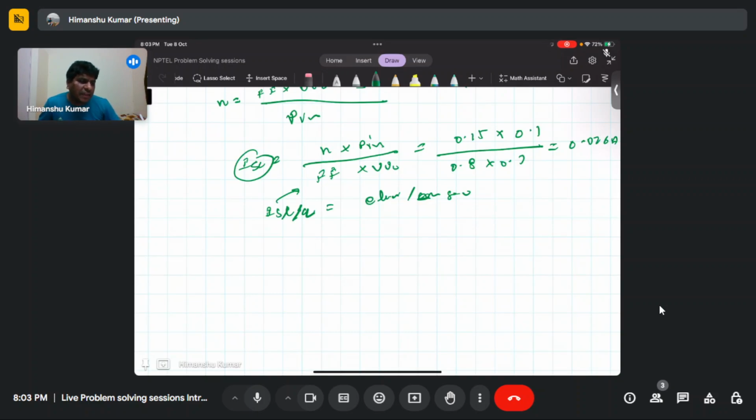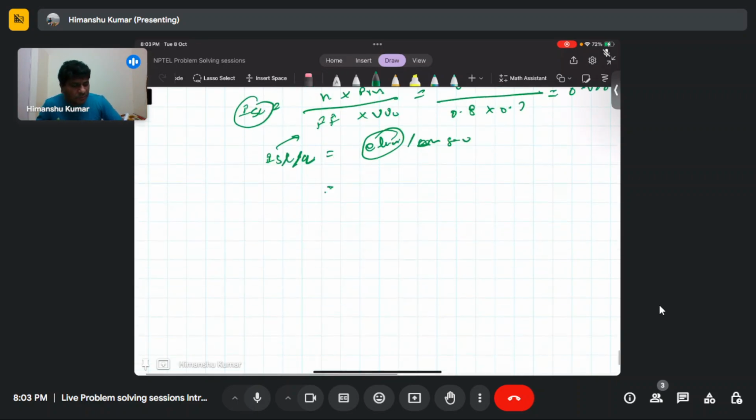So these many number of electrons are generated throughout the whole volume actually. If you divide by the volume, you will get how many electrons are generated within the volume of the cell.